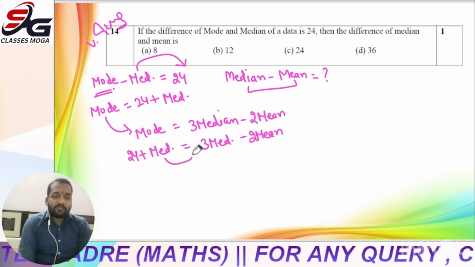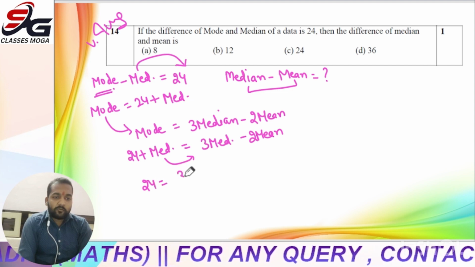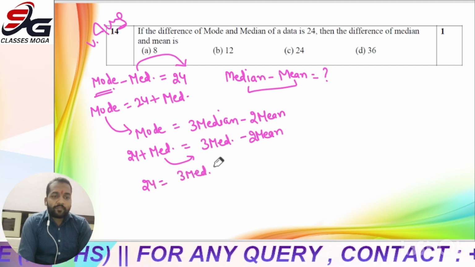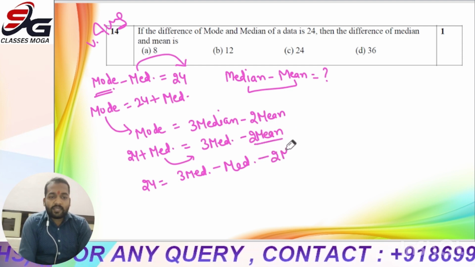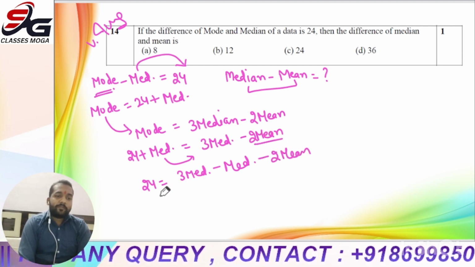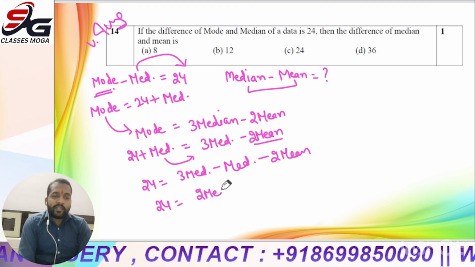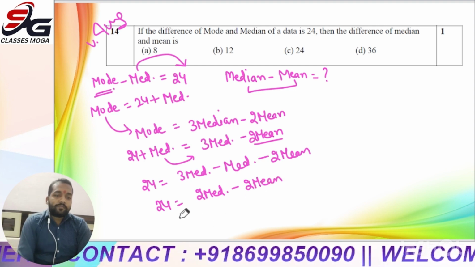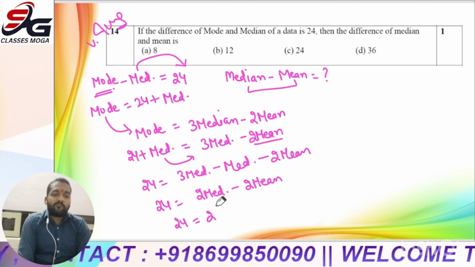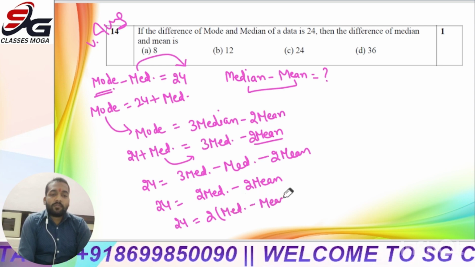Now take this median to the right side. So 24 is equal to 3 median minus 1 median, and this 2 mean as it is. So this becomes 24 is equal to 2 median minus 2 mean. Now take this 2 common from the right side, it becomes median minus mean.